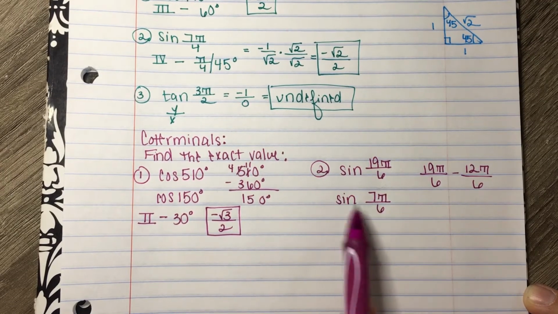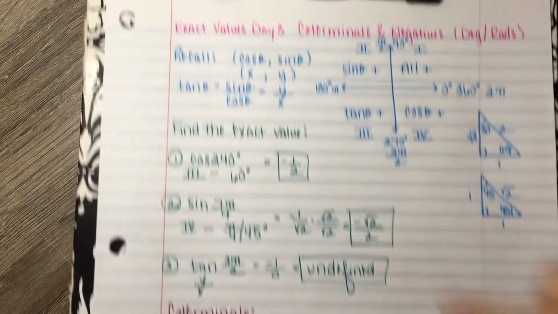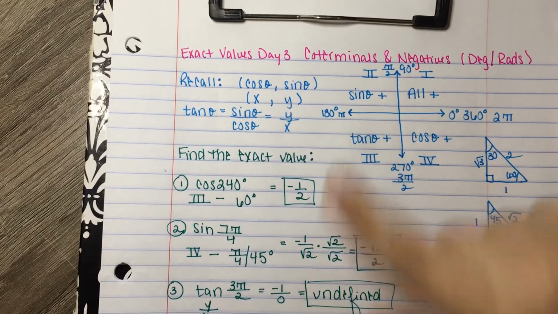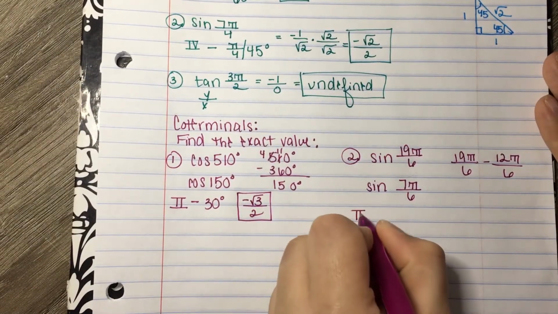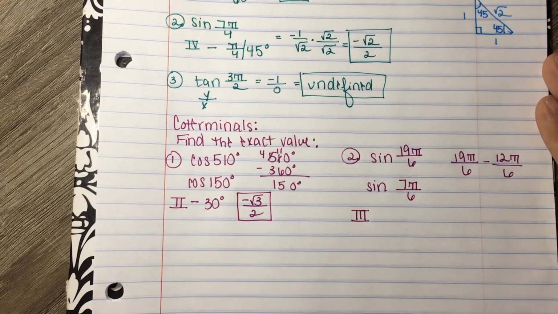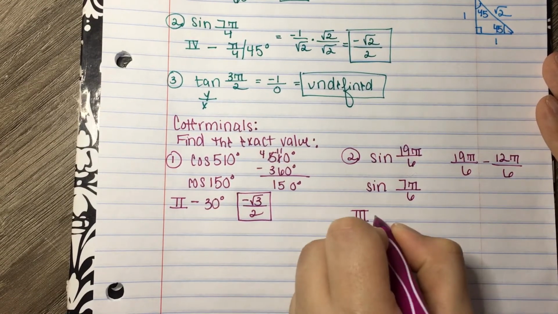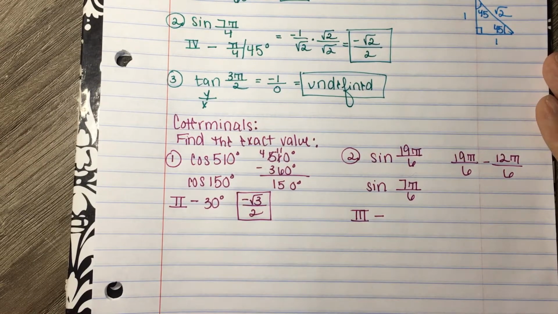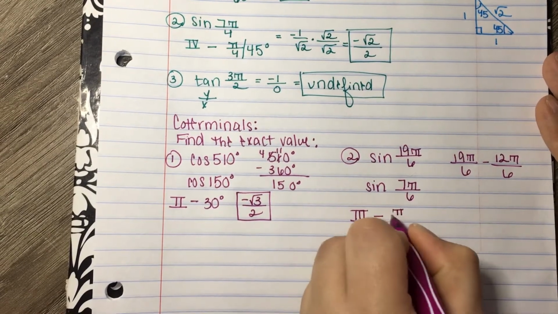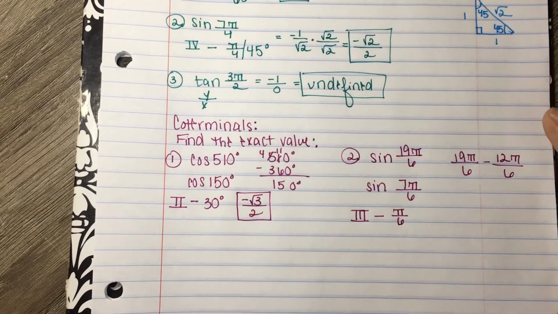So now we're working with this problem here, and 7 pi over 6 passes 6 pi over 6 using those common denominators, which means we're in quadrant 3. In quadrant 3, tangent is positive, sine is negative. And then our reference angle, that's how far away we are from the x-axis, is pi over 6. Now, if you're not too comfortable with radians yet, that's okay.